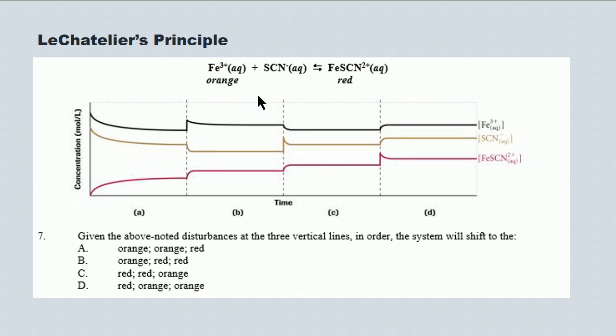So the first shift in response to the first stress is red, and A and B are out. At the second vertical line, we're adding this thiocyanate ion, which is the other aqueous phase reactant. By adding it, the system reacts by reducing the concentration of the reactants and increasing the concentration of the product, the red colored product. So again, at the second vertical line, we're looking at another red shift, and the answer to this question is C.